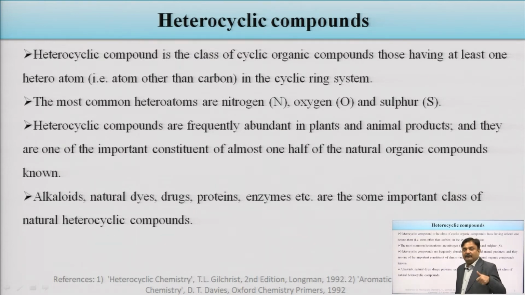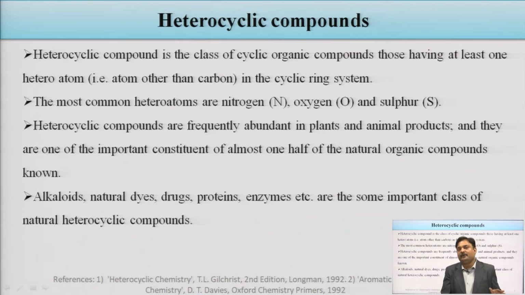So, when I am saying heterocyclic, the heteroatom means either nitrogen or oxygen should be there, or sometimes phosphorus, and sometimes selenium is also present as a heteroatom in heterocyclic compounds.